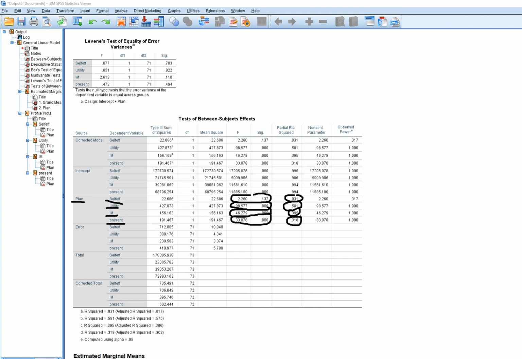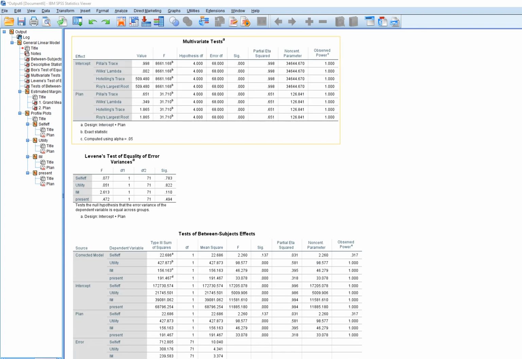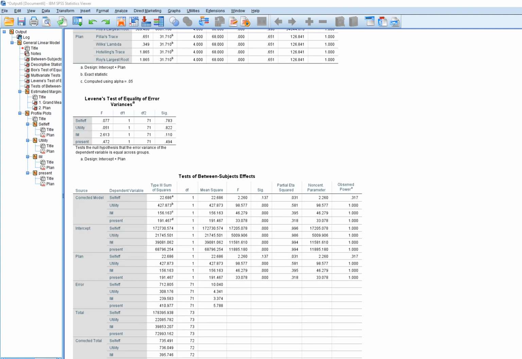When you're running the MANOVA, you're making the assumption that there are correlations among the dependent variables, and you're trying to eliminate any redundancies when testing for group differences.